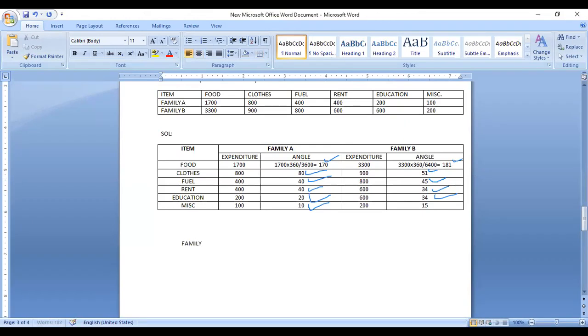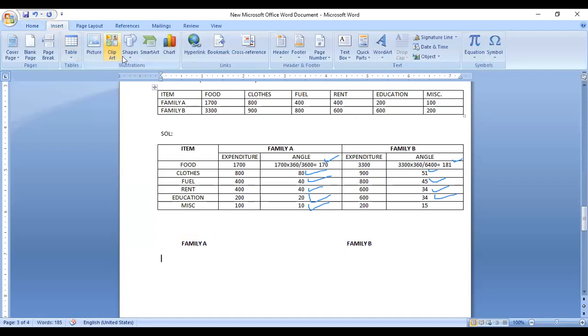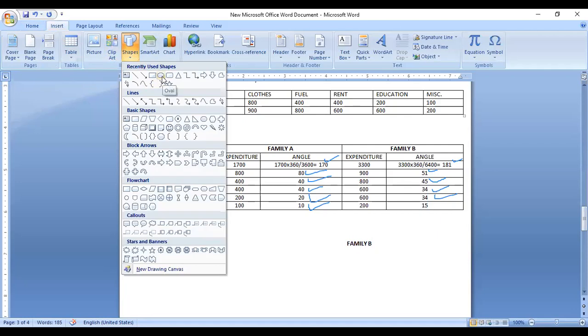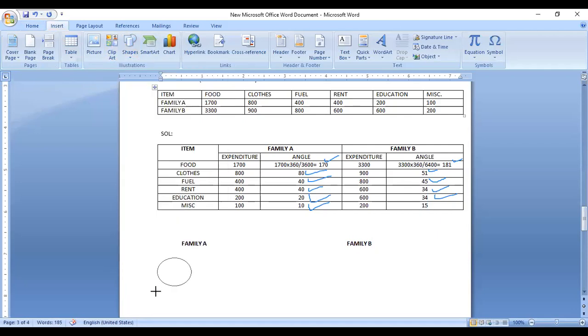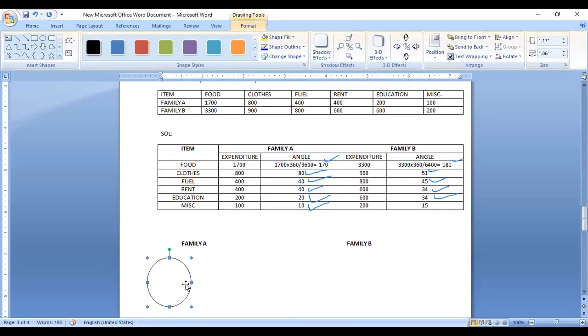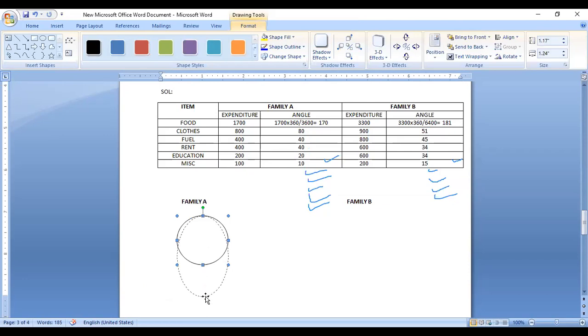So family A and family B. So I am drawing a circle.